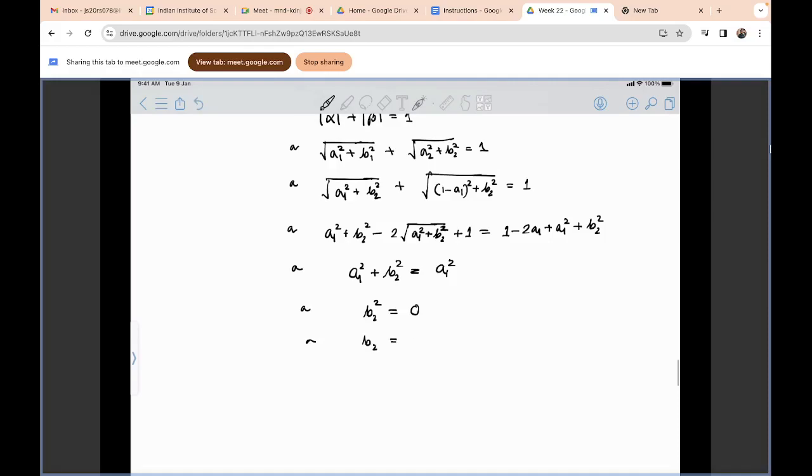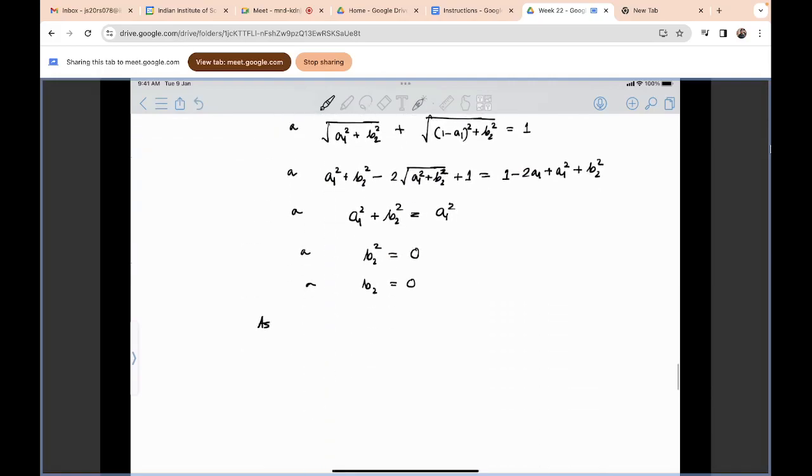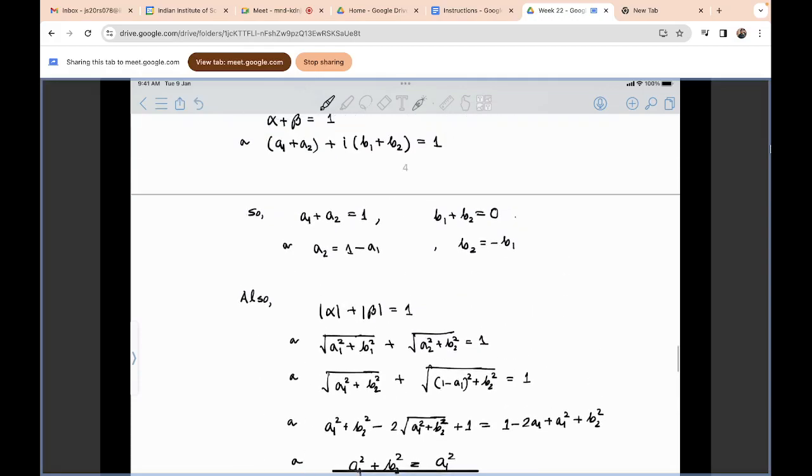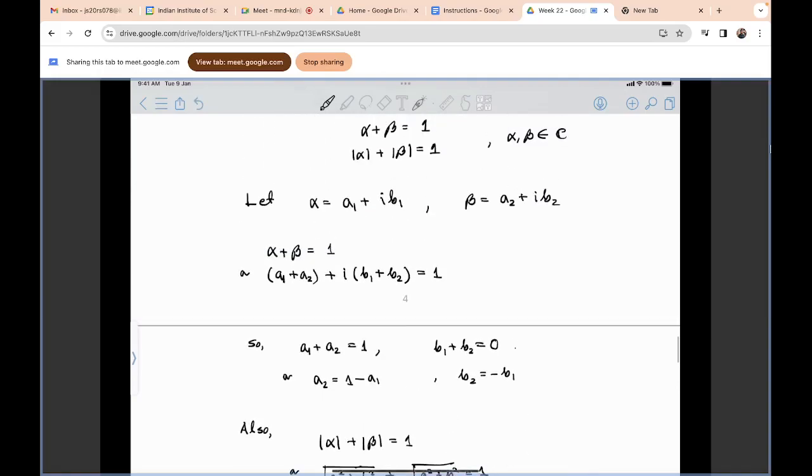Or B2 is 0, and as B1 is minus B2, so 0. So we get B1, B2 both 0. So A1, A2 we have not got in the condition, but we know A1 plus A2 is 1.